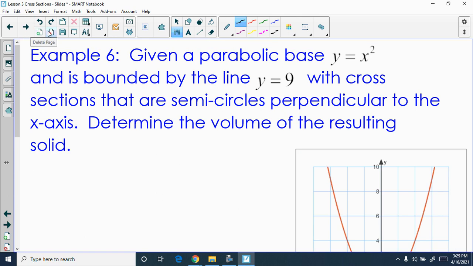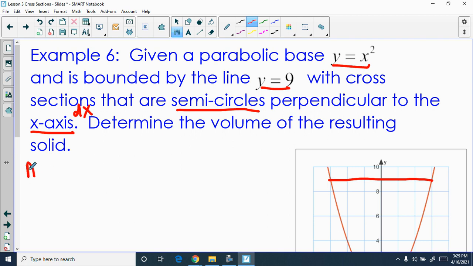For example 6, we've still got that parabolic cross section, and y equals 9 is drawn in. And we're doing semicircles, but this time about the x-axis, so dx.